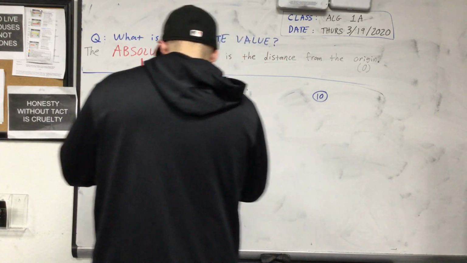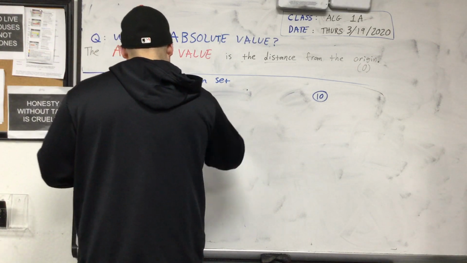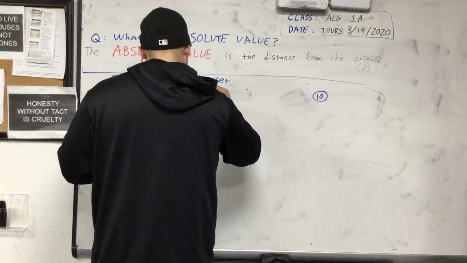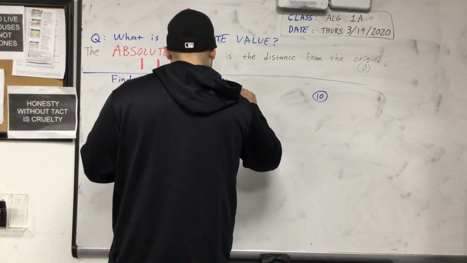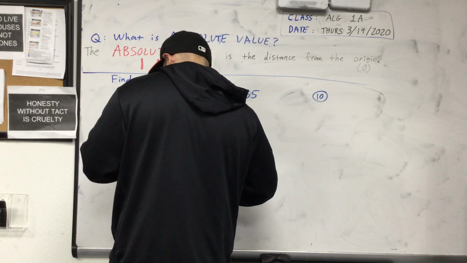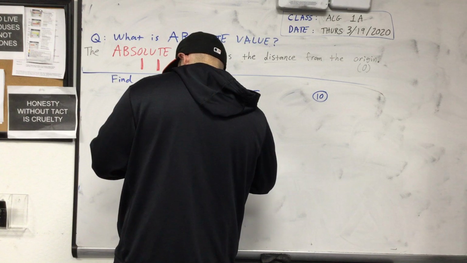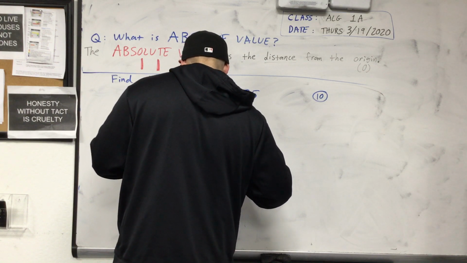Okay, number 8. The absolute value of x is 7.35. The absolute value of P is -9.